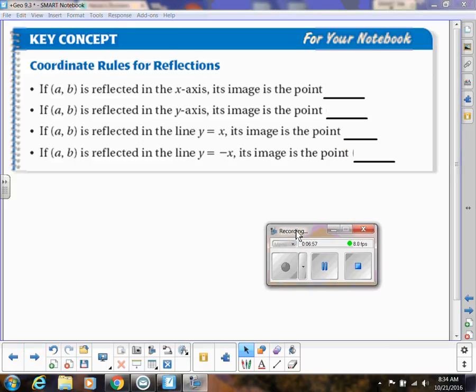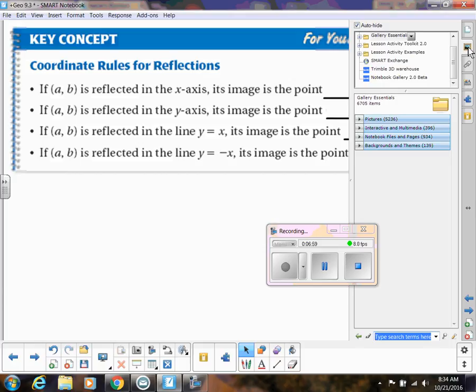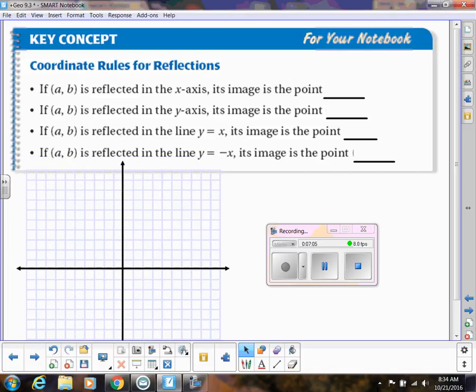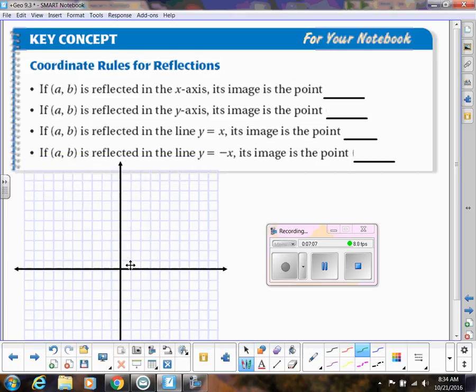If I reflect over the x-axis, and let me prove this to you so that we understand why that's true. So let's say I take a point, I'm going to do 3, 2. If I reflect that over the x-axis, then if I draw the perpendicular, I see that that's 2 units away, so I'm going to count 2 units away.